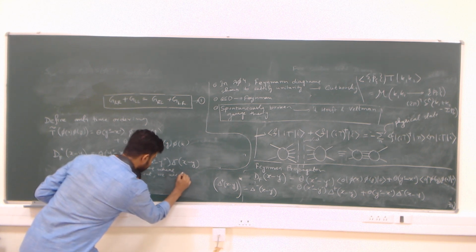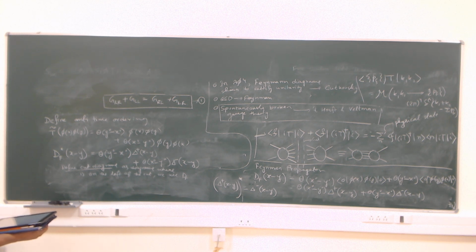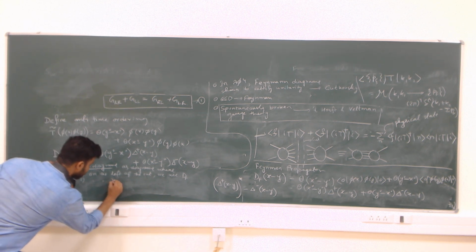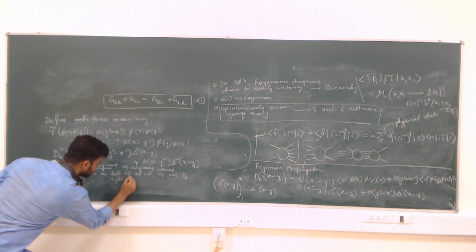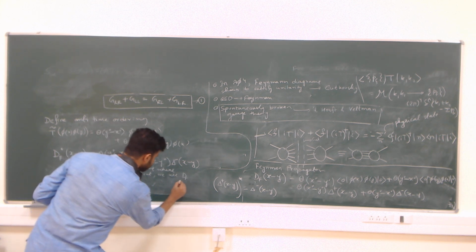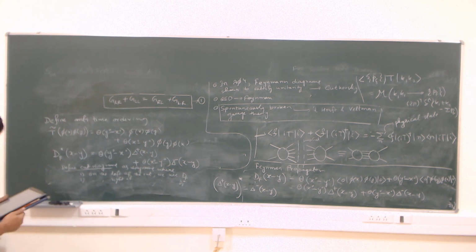We use DF, that is usual time ordering, and on the right of the cut we use DF star, that is anti-time ordering.